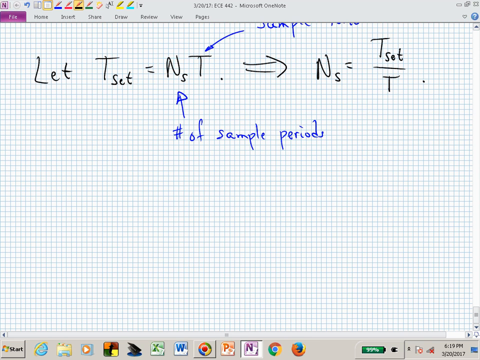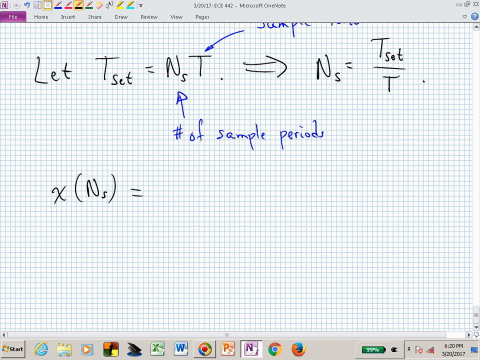Suppose that somebody says, I want my state to be at 1% of where I started after so many sample periods, let's say capital N sub S. How do we relate that?